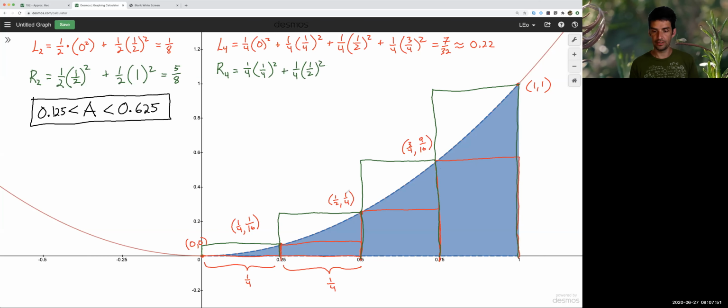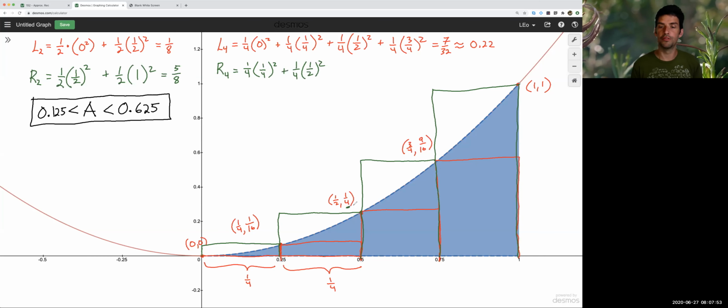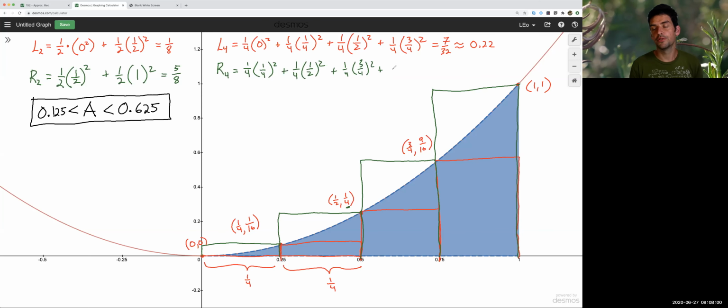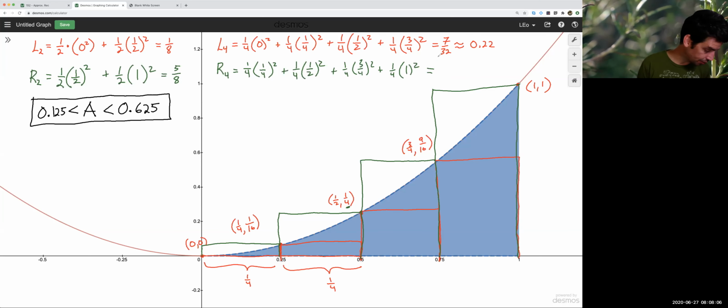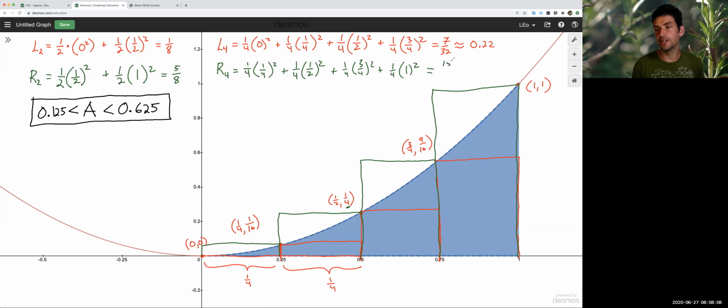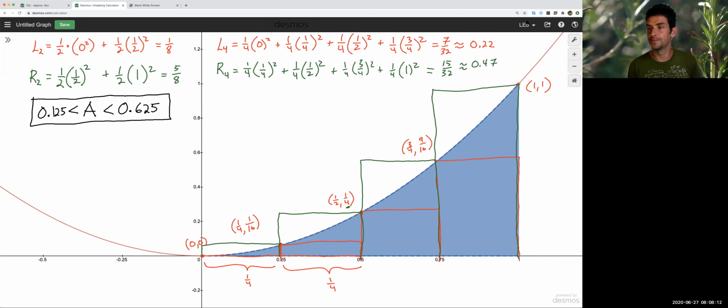That's this rectangle going up to a height of 1/4, 1/2 squared. Then we get 1/4 times 3/4 squared plus 1/4 times 1 squared for this last rectangle. You can work this out. We get 15/32, or approximately 0.47. Okay.